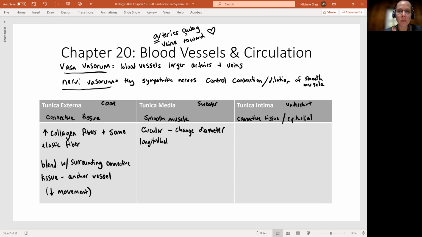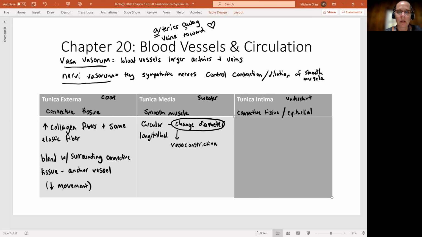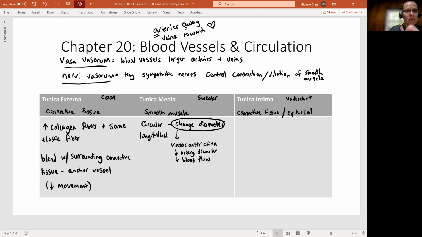We're going to see, when we talk about the changing of diameter, what's called vasoconstriction. Vasoconstriction is going to reduce the artery diameter, which is going to then reduce blood flow. We also have what's called vasodilation. That's the opposite.